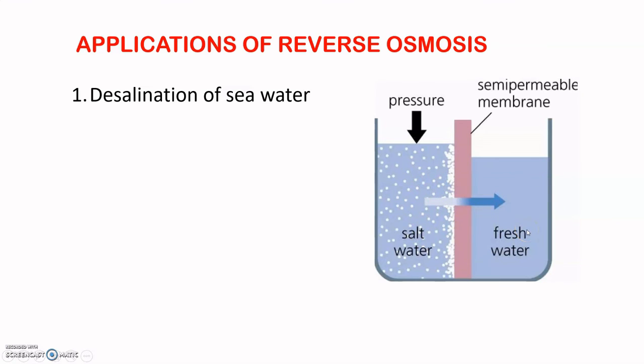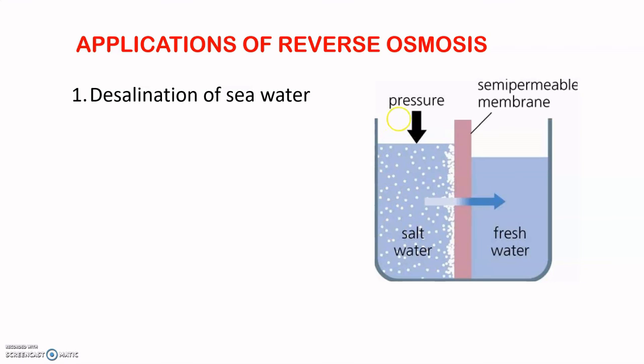So this is particularly used in Middle East countries to get fresh water. Their fresh water is not abundant, so they go for desalination of seawater. You apply a pressure on the seawater side, and reverse osmosis will happen.